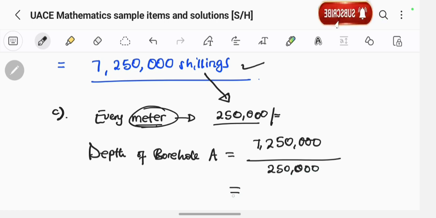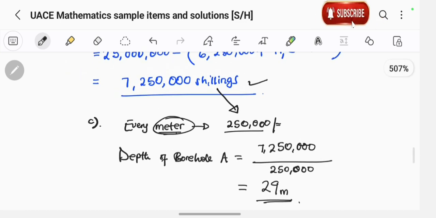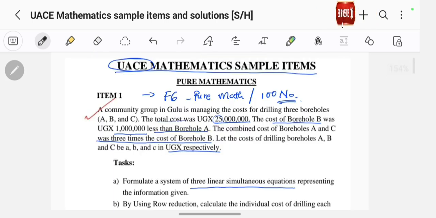So you end up with 29 meters as the depth. So we've solved the first item. We shall move on to item 2 until we finish these 100 items.